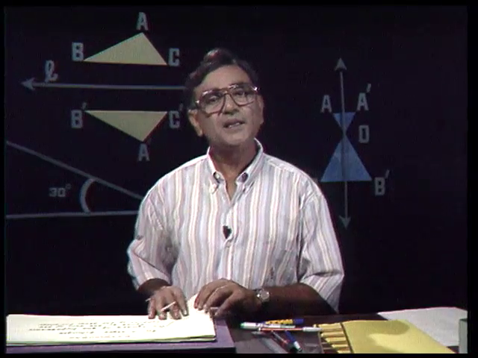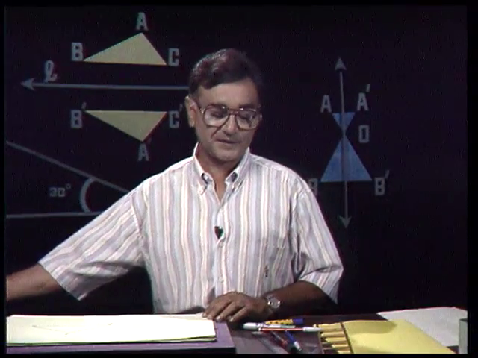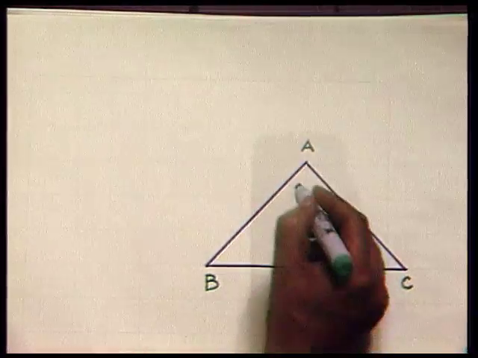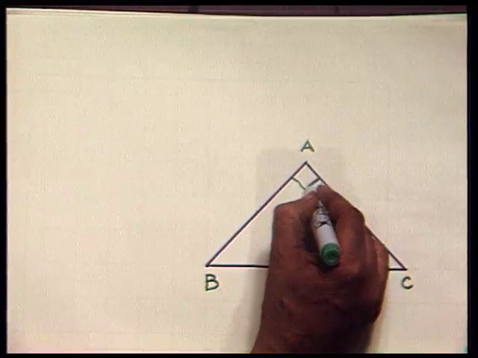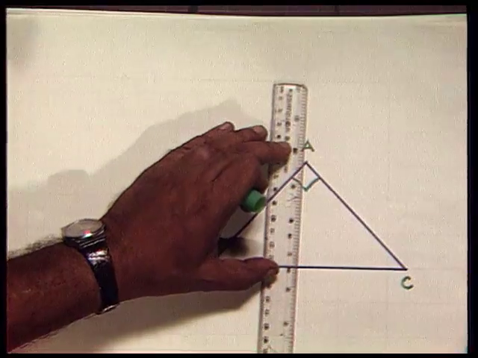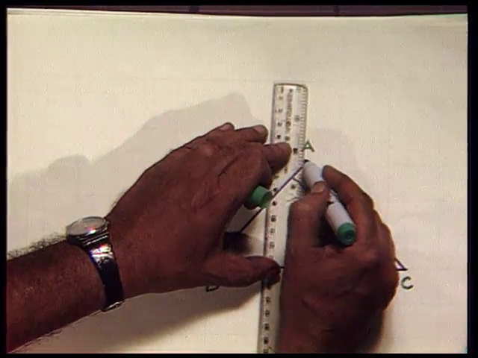Now, let us give the proper proof for this. Here I have a triangle ABC which is right angled at A, and from A I will draw a perpendicular onto side BC.